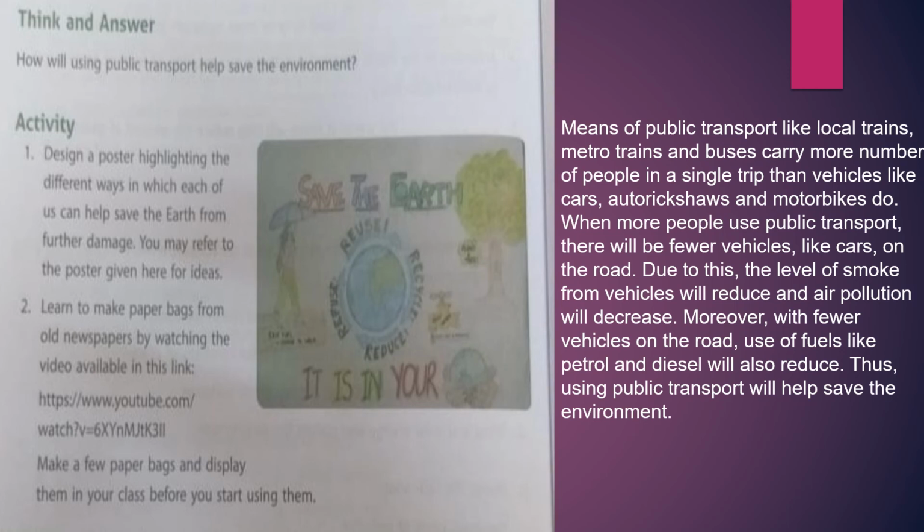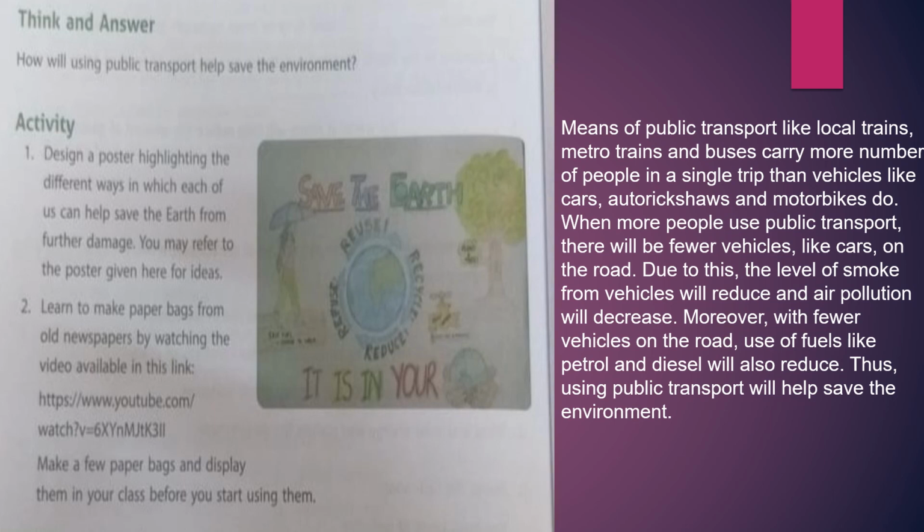Then there is an activity. You have to do the activity. That is to design a poster highlighting the different ways in which each of us can help save the earth from further damage. You may refer to the poster given here for ideas.